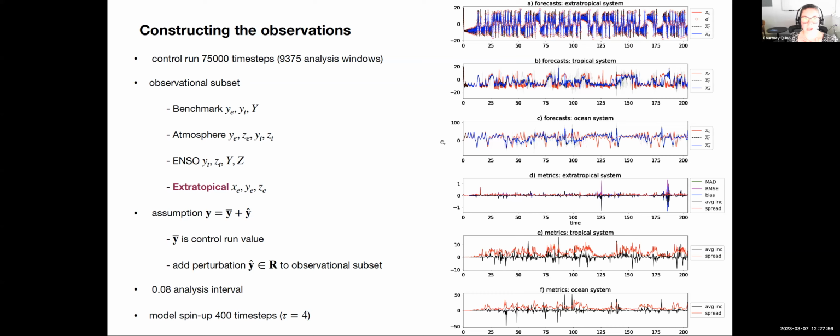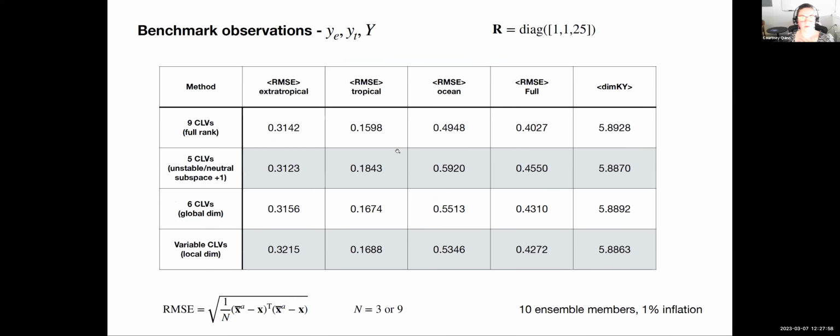But yeah, so looking at the case where we took the benchmark observations, this is one from each subsystem. So it's almost like we are fully sampling, so to say, our system. Not fully and not all 9, but at least we have one from each subsystem. Then we trialed a few different methods of using our CLVs.